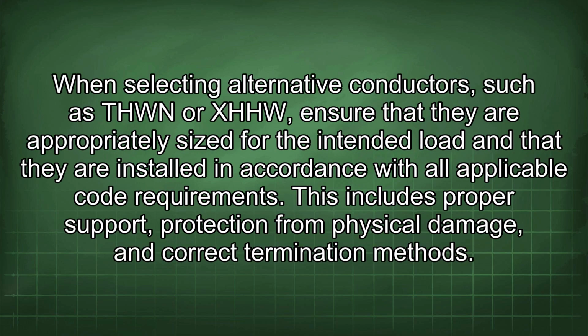When selecting alternative conductors such as THWN or XHHW, ensure that they are appropriately sized for the intended load and that they are installed in accordance with all applicable code requirements. This includes proper support, protection from physical damage, and correct termination methods.